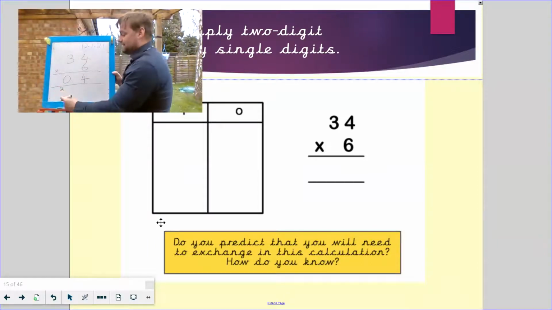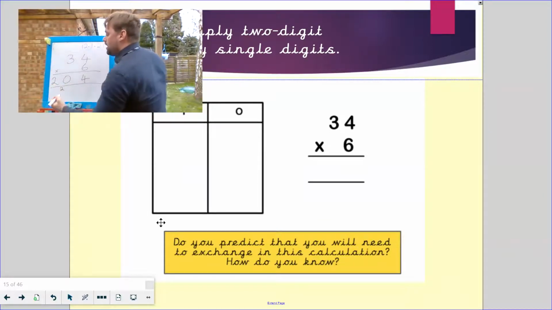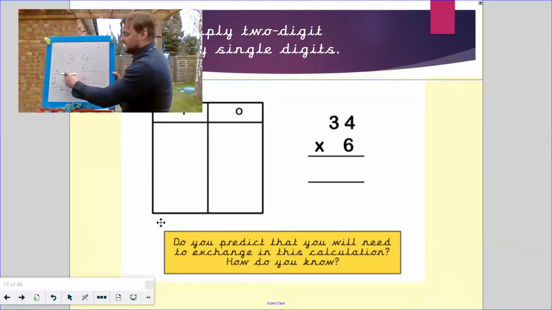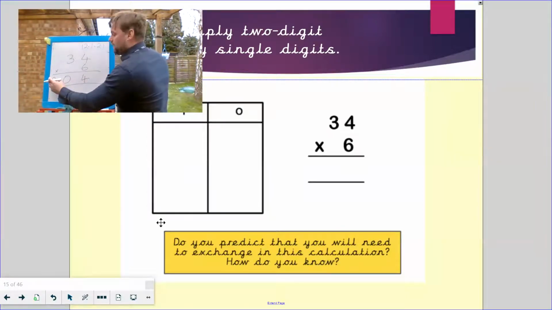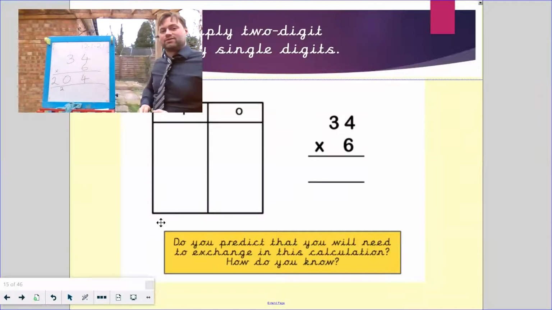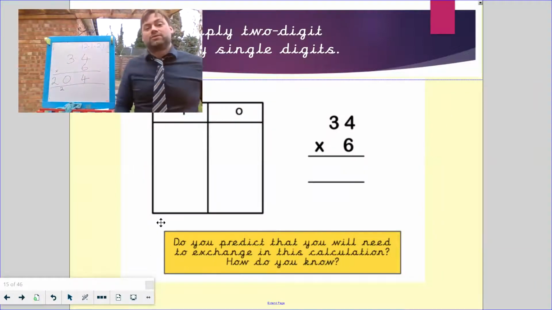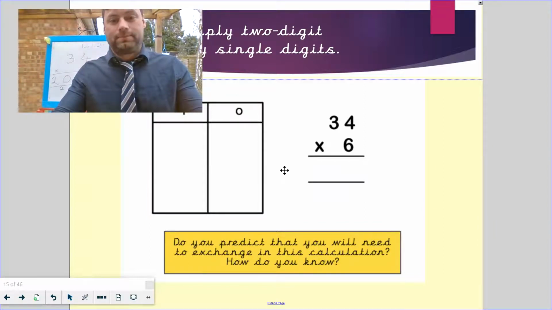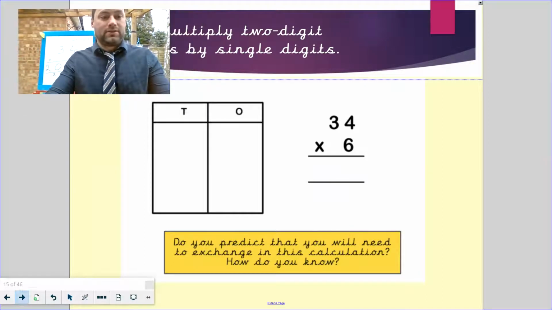And then 180, add the 20 gives us 200. Because there are no 10s, the 10s is 0, and we've got 200, so we've had to put our 200s in the 200s column. So 34 times 6 is 204. And that is a short method of multiplication.